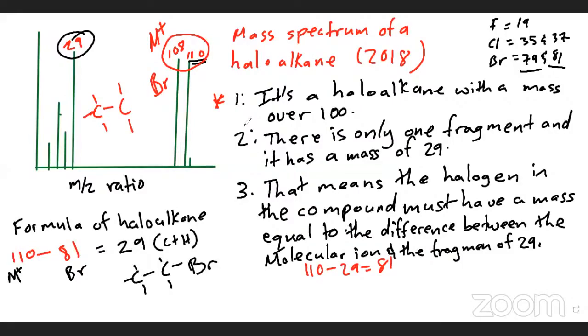Generally the base peak wouldn't have the halogen in it. So normally what we would do is take a fragment that we know has the halogen.